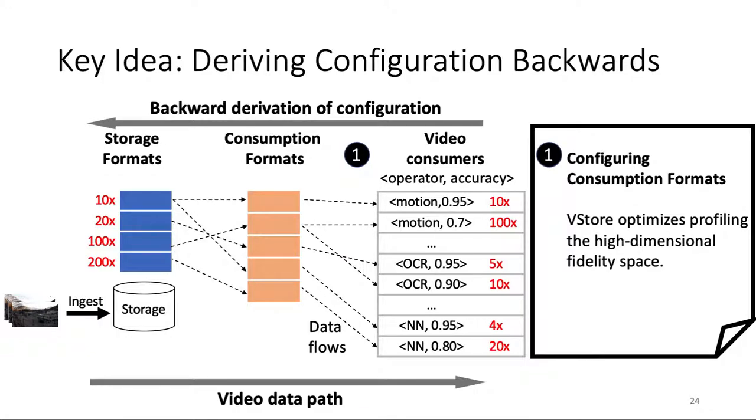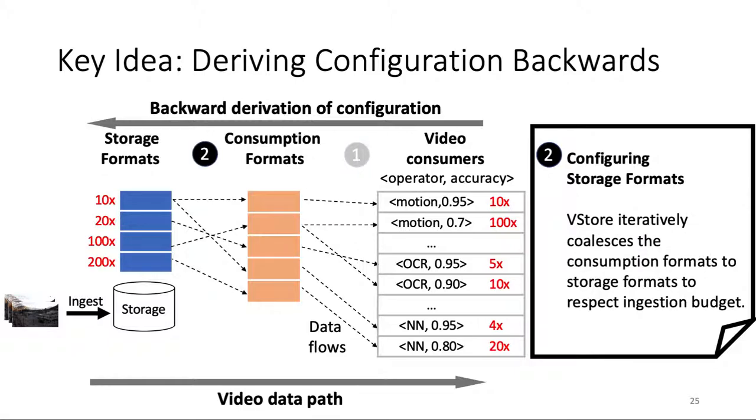The backward derivation of configuration is divided into three steps. The first step is configuring the consumption formats. VStore will optimize the profiling in a high-dimensional fidelity space to get the cheapest format given the target accuracy of a specific operator. The second step is configuring storage formats.